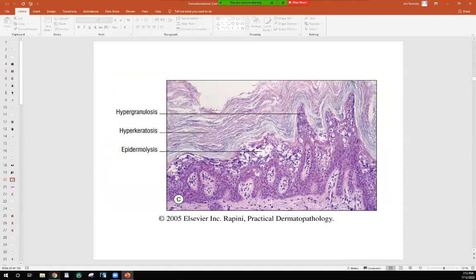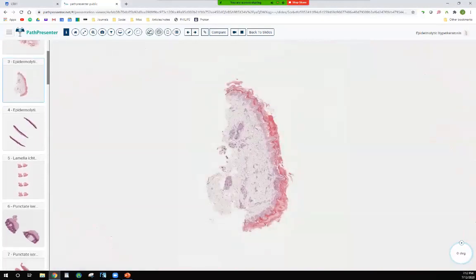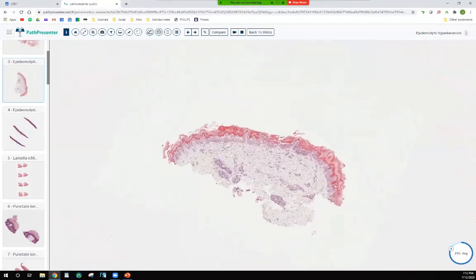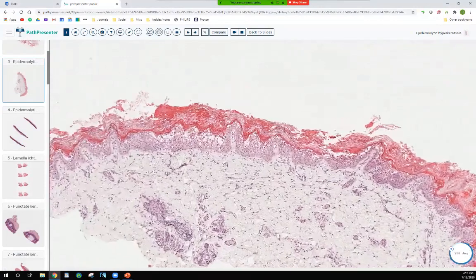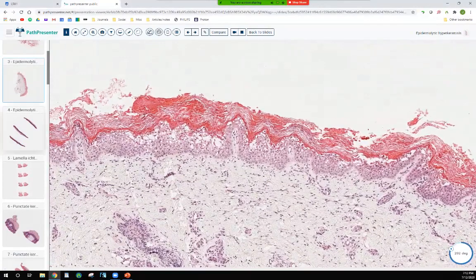And I think we have one here we can show. So here we have on PathPresenter this. At this power, you can tell, I mean, this is an epidermal process, and you can see that bubbling, that granular kind of degeneration, vacuolar degeneration up in the spinous layers. Very, very characteristic pattern.